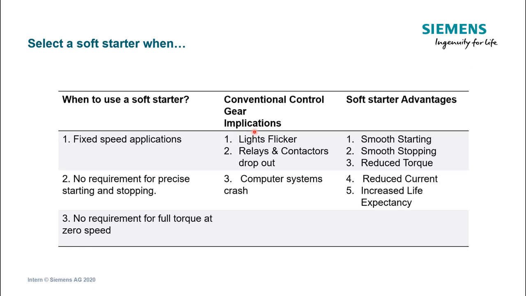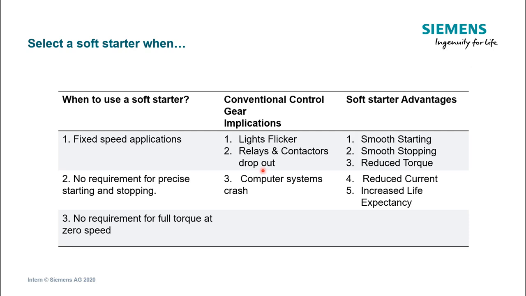It could potentially cause lights to flicker, relays and contactors to drop out, and computer systems to crash. That's because, as we discussed earlier, a DOL starter effectively switches on and off at 9 times the rated current. So if you have multiple devices switching at 9 times the rated current, that will have an effect on various different components on the network.